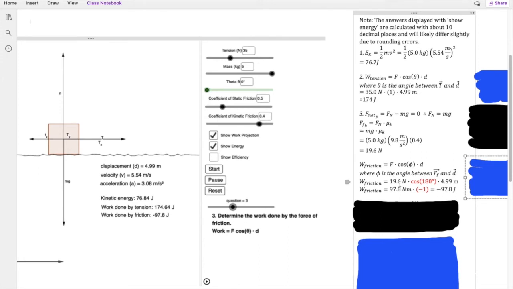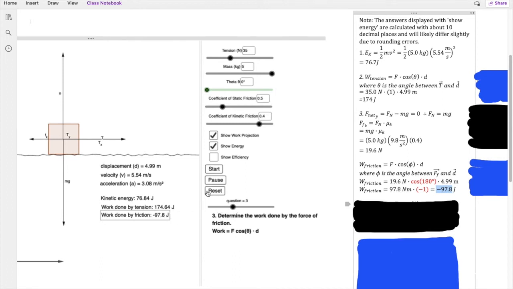So there's our force of friction times cosine of 180 degrees times 4.99 meters. That's our displacement. And notice that now this is going to be negative. So the work done by the force of friction is going to be negative 97.8 joules, and that's the same as what our applet is telling us.